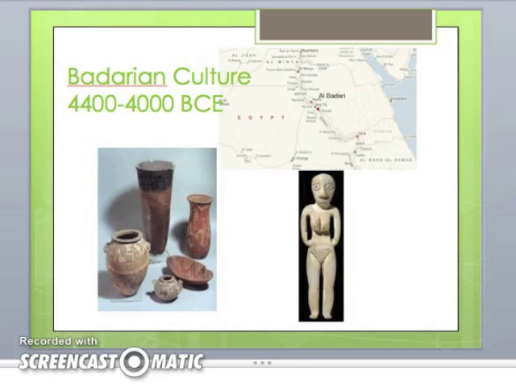So the Badarian culture is defined entirely by tombs, which is pretty standard. Inside of some of these tombs we have combs, jewelry, figurines, like the figure here on the page. And we are pretty certain that this female figurine is part of a tradition more broadly used in the Near East.